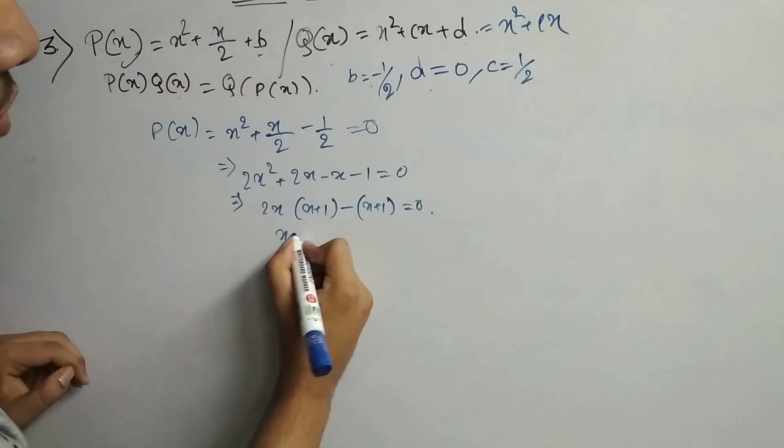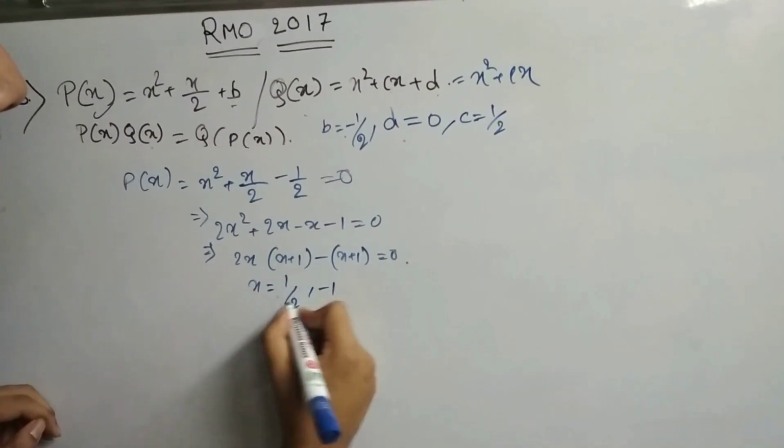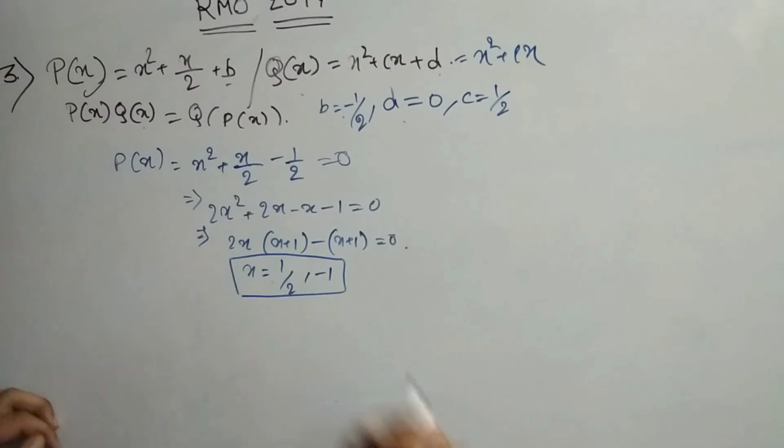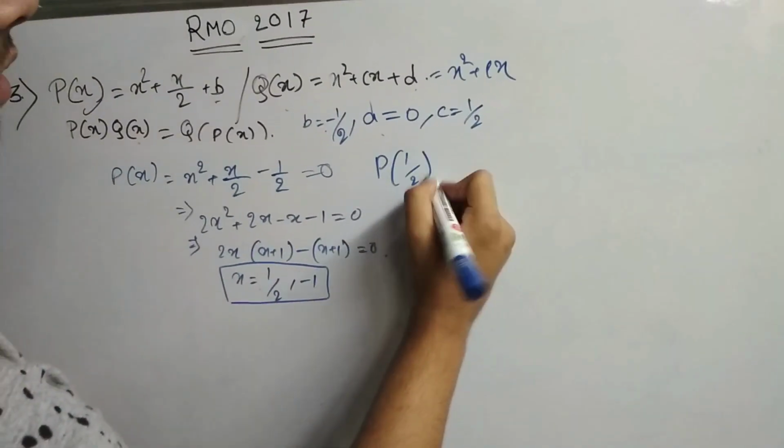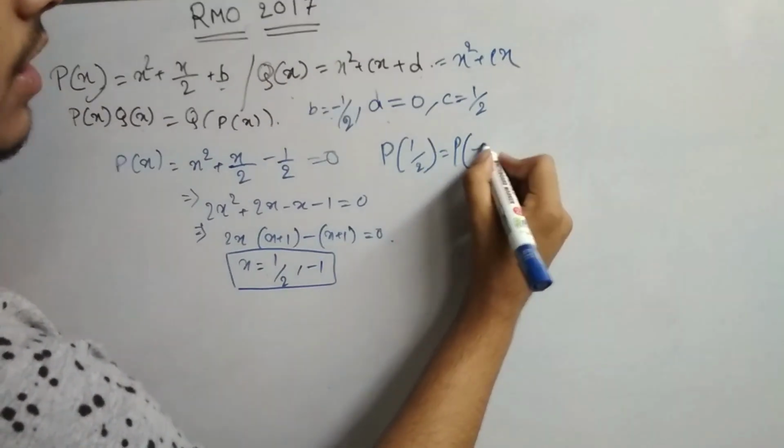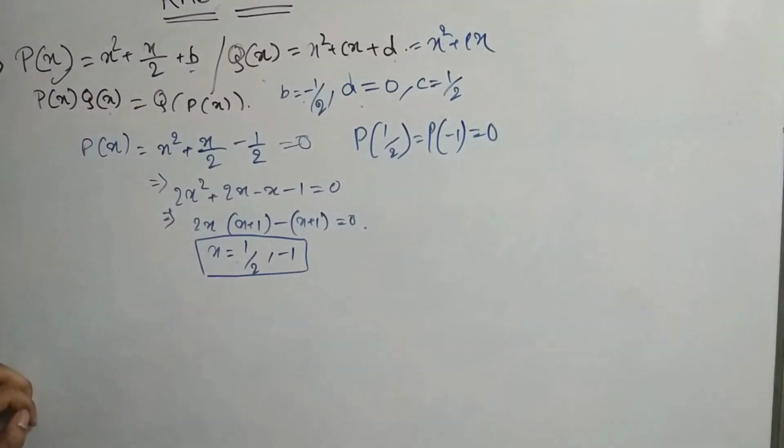This will give you two roots, x will be half and minus 1. So we can consider that P(1/2) equals P(-1) equals 0.